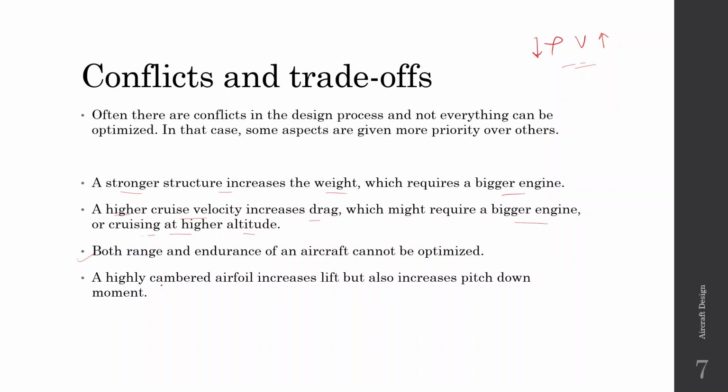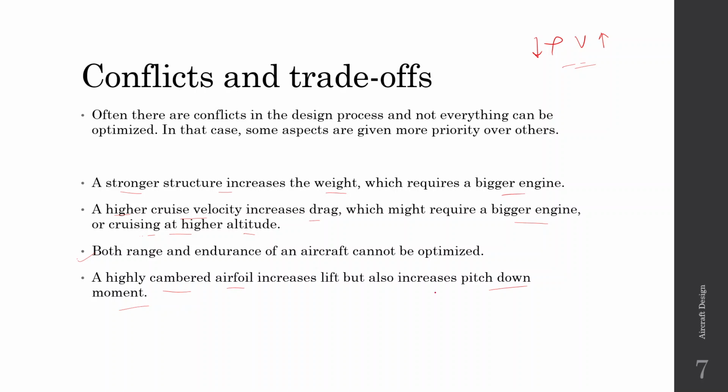Then another example is that when we try to choose an airfoil, we try to maximize the lift coefficient, so that a smaller wing can generate the required lift. For that reason, usually we choose a cambered airfoil. A cambered airfoil increases the lift, but it also increases the pitch down moment. The pitch down moment makes the aircraft unstable.